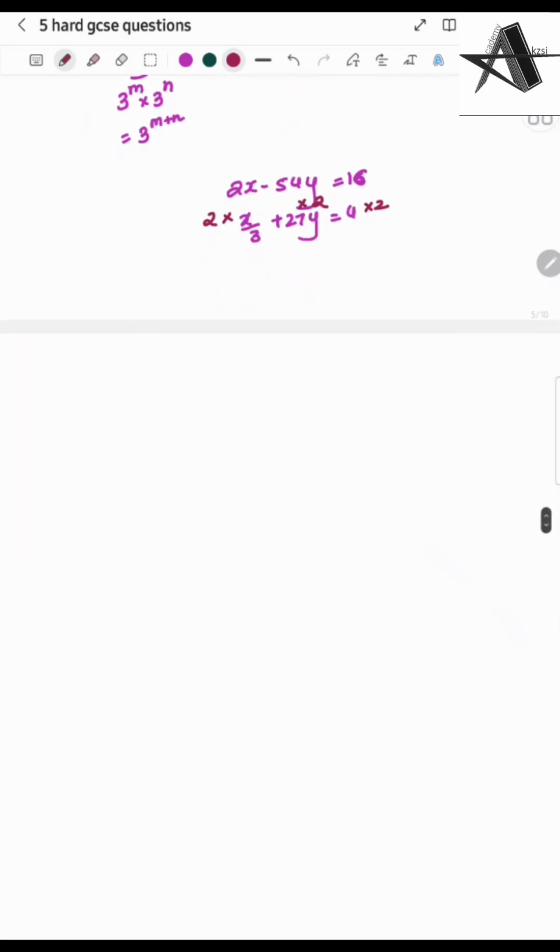So the new equation is 2x minus 54y is equal to 16. Here 2x over 3 plus 54y is equal to 8. This is the elimination method, and the elimination method says eliminate one variable. Obviously, how can I eliminate it? One is negative, one is positive, so add them.